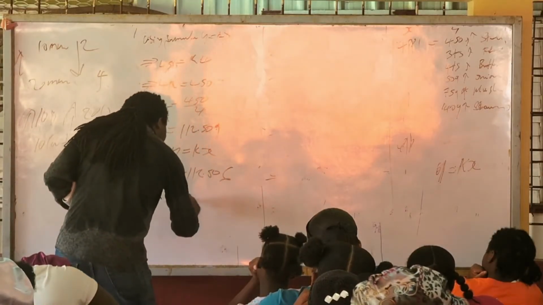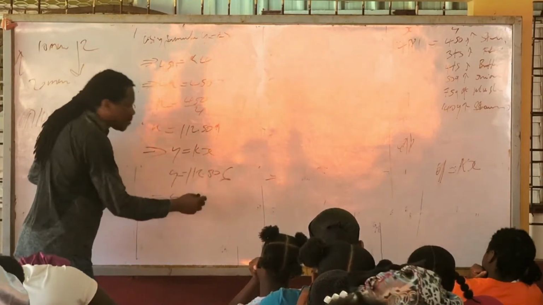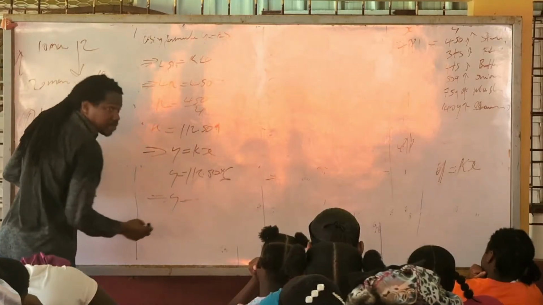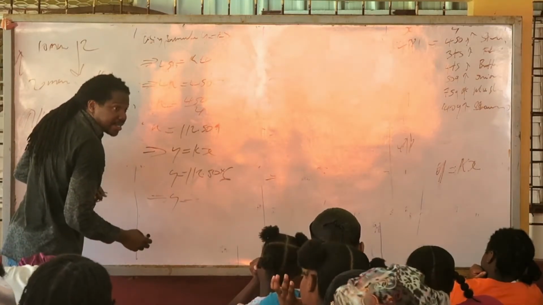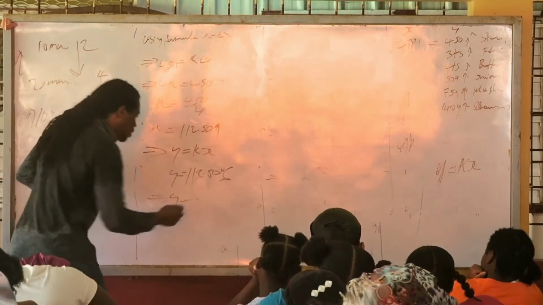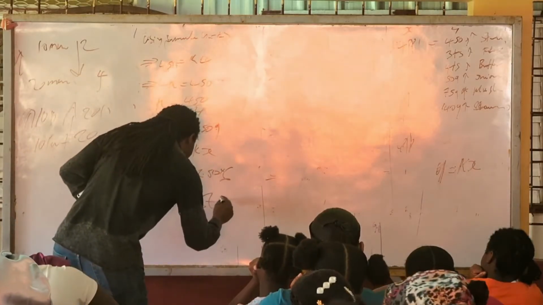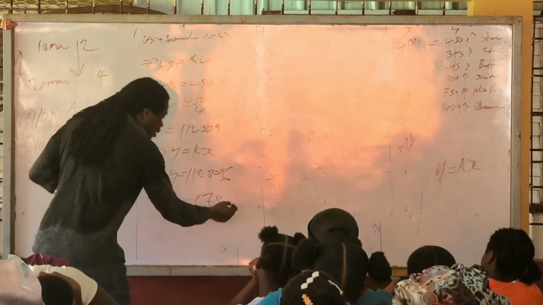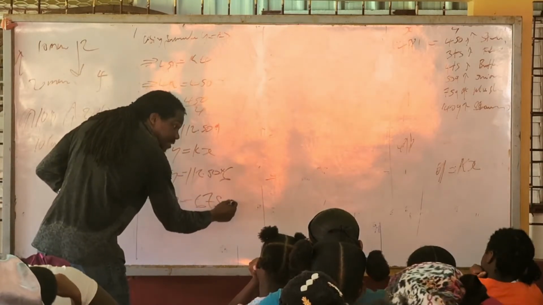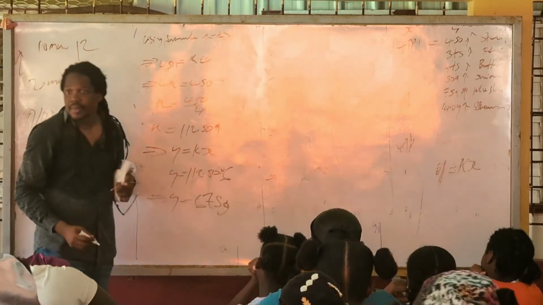So y equals 112.50 times 6. How much is that? 675. Point nothing. Grams. Everybody see that?